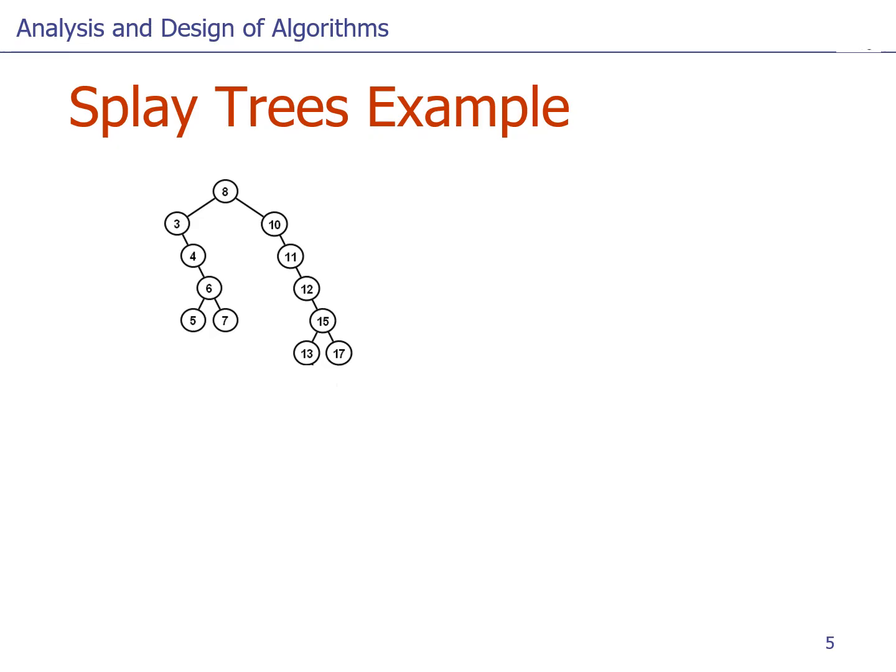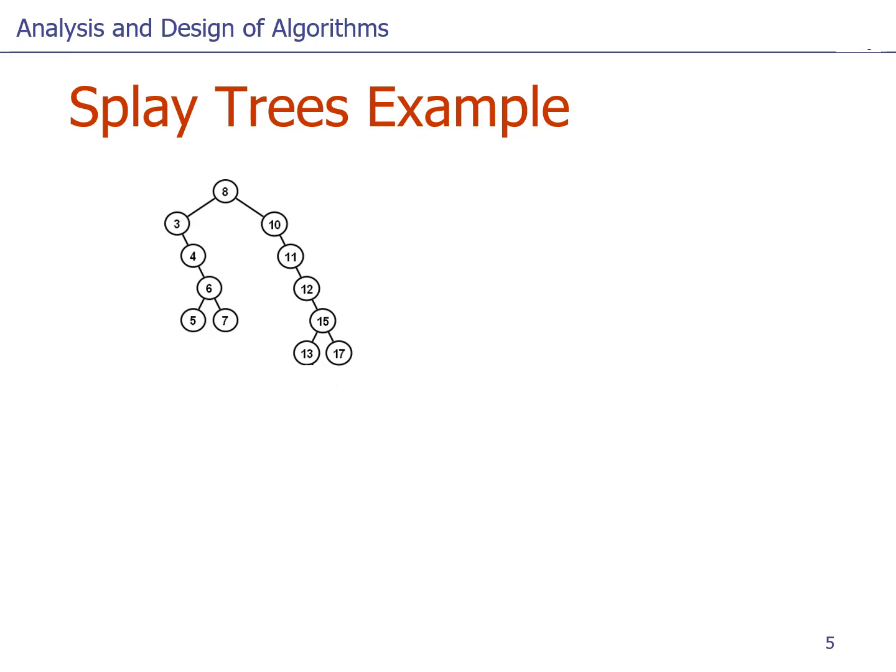If I'm looking for a 12, if 12 exists, I will start from the root always. It will be to the right of 8, so I go to the right child, which is 10, and this is not what I'm looking for. If what I'm looking for exists, it will be to the right of 10, so I go down one level to 11, and then I go one level down and I find the 12 I'm looking for.